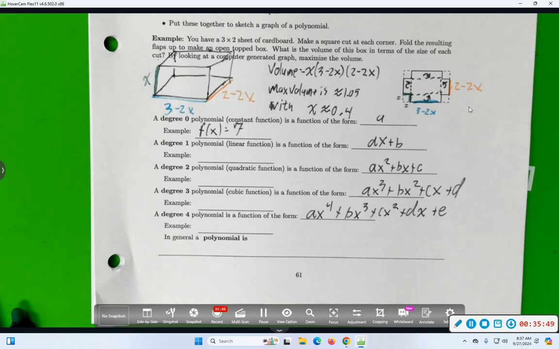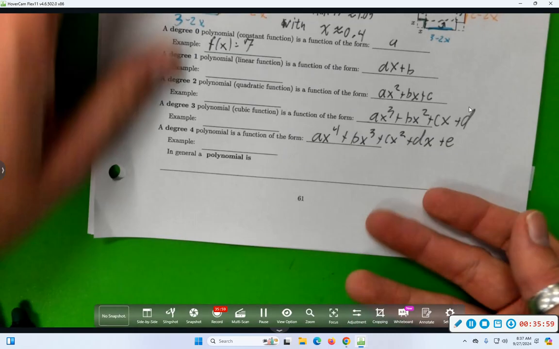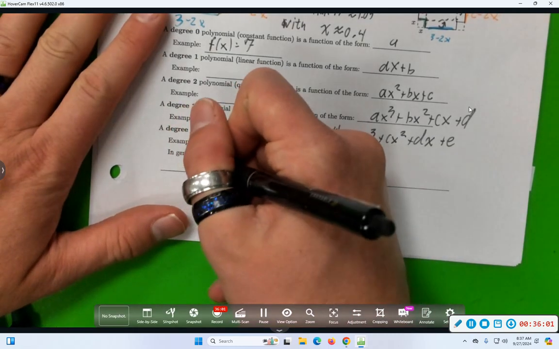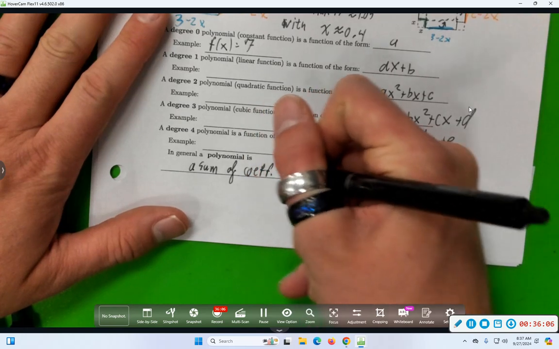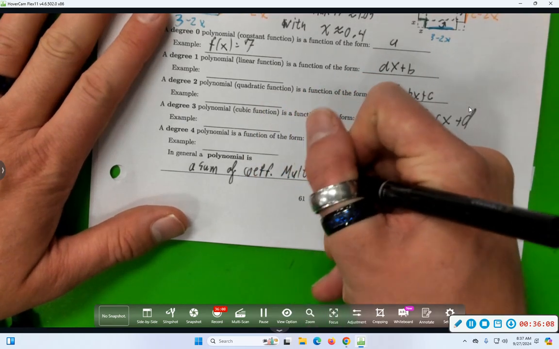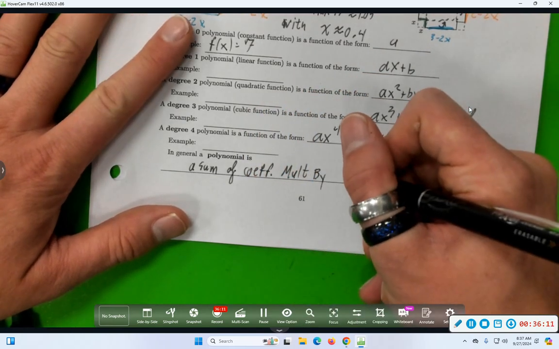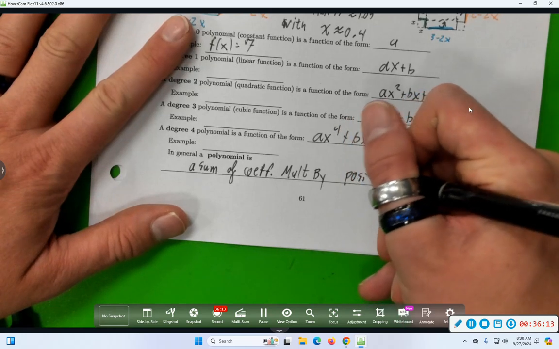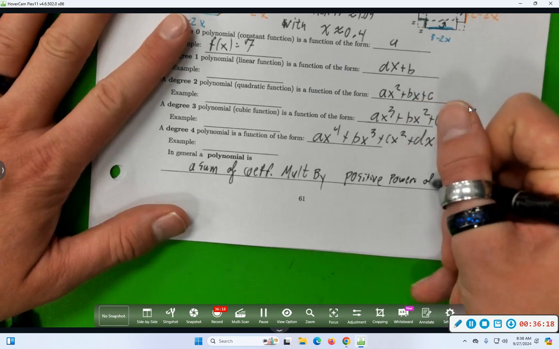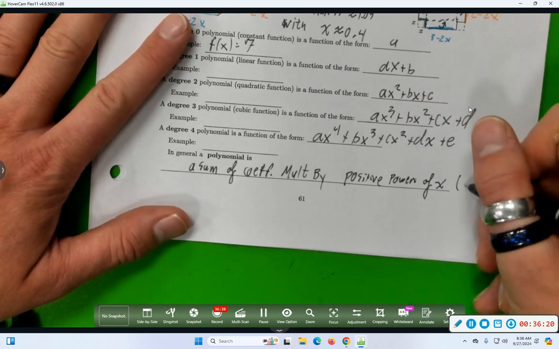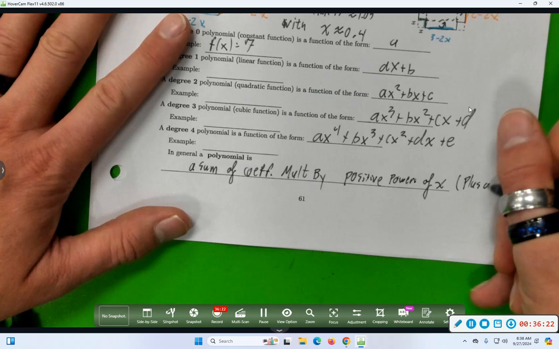But that's fine. If you have a sum that long, you want a different notation for it anyway. So maybe I'll write down a few different ways for a polynomial. In general, a polynomial is a sum of some coefficients multiplied by positive powers of x, and because of the way I wrote it, plus a constant term.